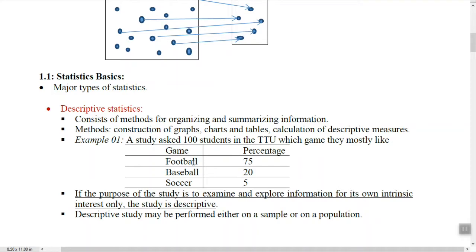So when you see this, you know how many students like football, how many students like baseball, something like that. So you can easily recognize what is going on here. This is some kind of numerical representation.